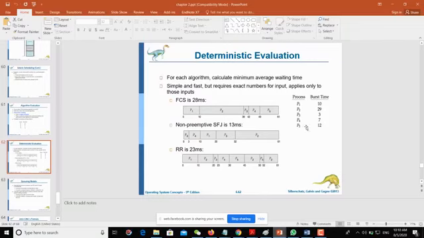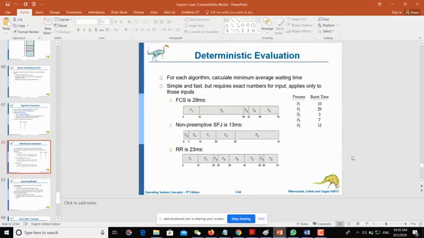We have, let's suppose, 5 processes here, and the burst time for each process is declared here. Process 1, the time it takes to execute. Mind you that process, task, job, all these are the same thing.